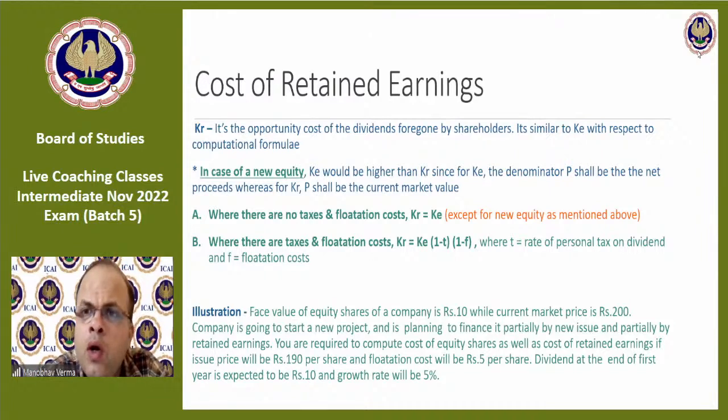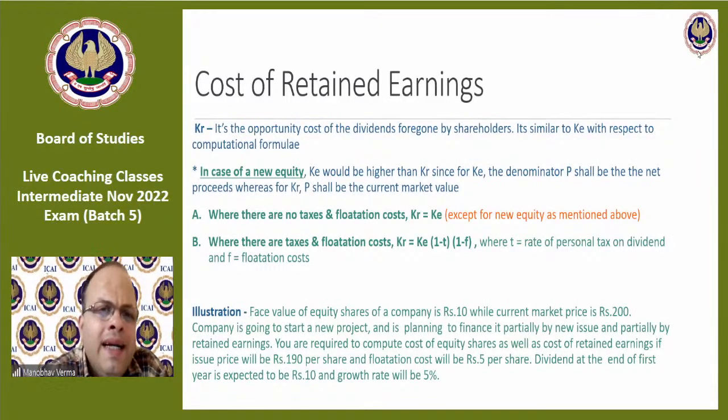When we say that cost of retained earnings and cost of equity are equal, we need to be very careful that if the company goes for issuance of new equity, new share capital, in that case, our statement will not hold true.